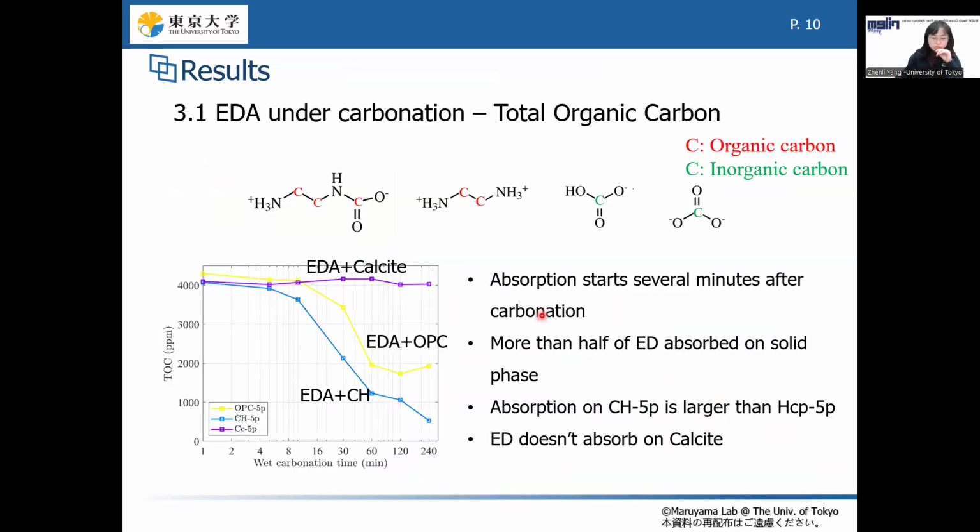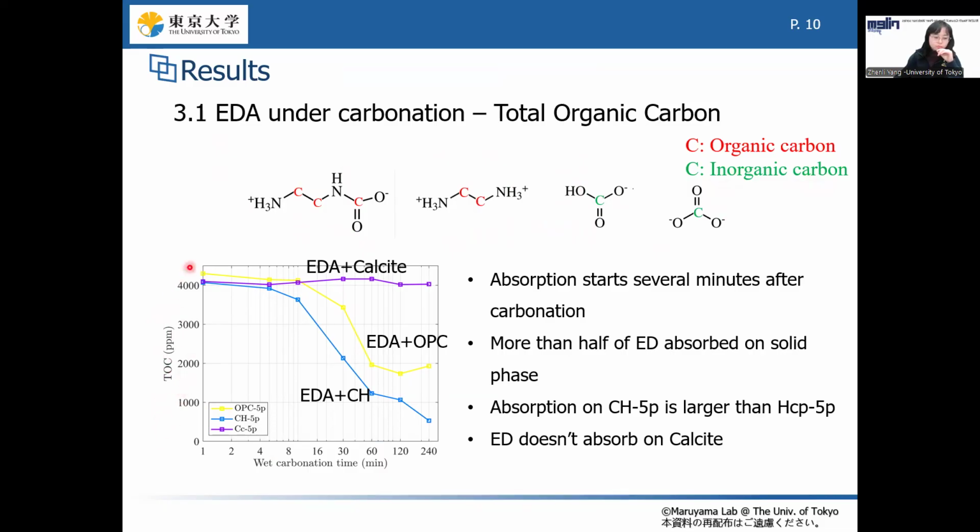Next, we use total organic carbon to detect the carbon in EDA. The TOC, total organic carbon, represents the concentration of EDA in its organic structures, while the carbon in the carbonate or bicarbonate is inorganic carbon. This is the result.